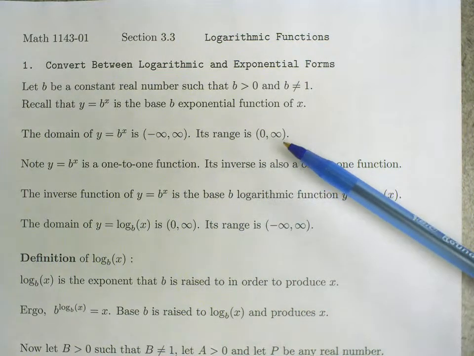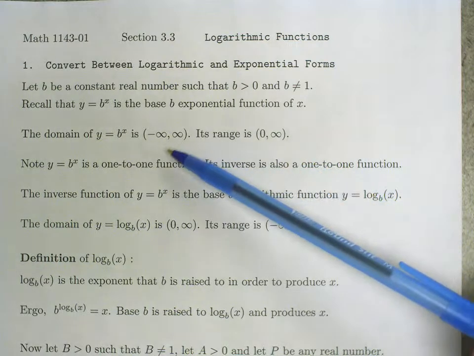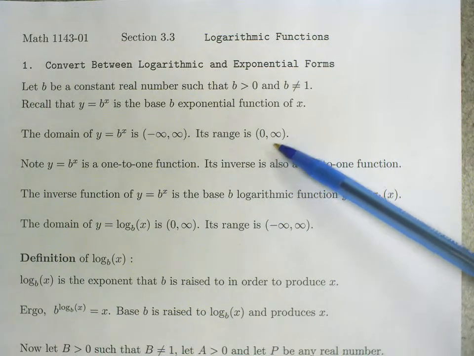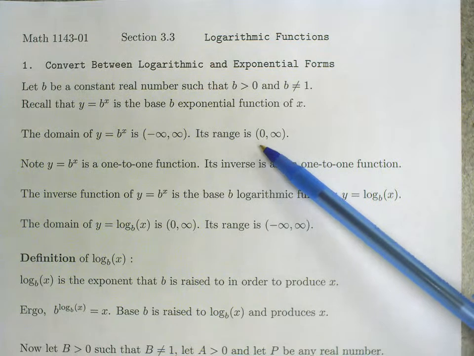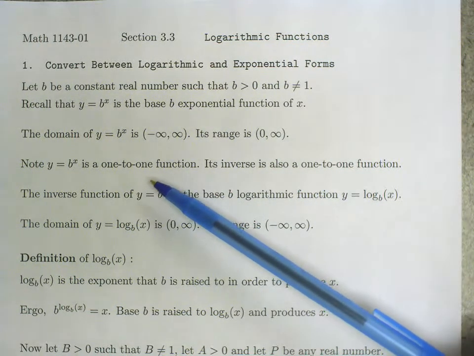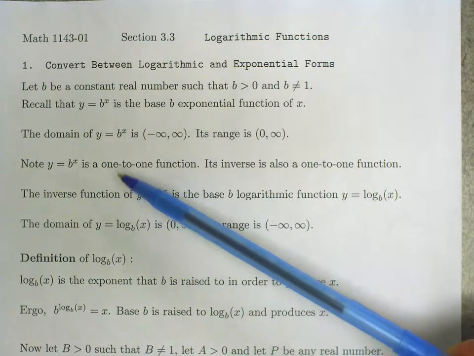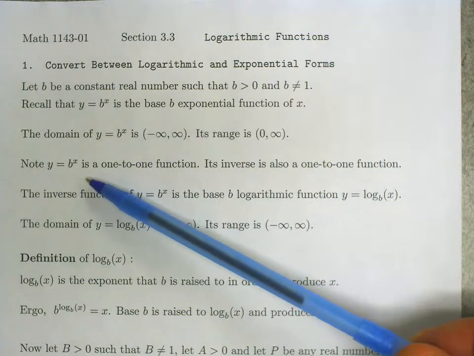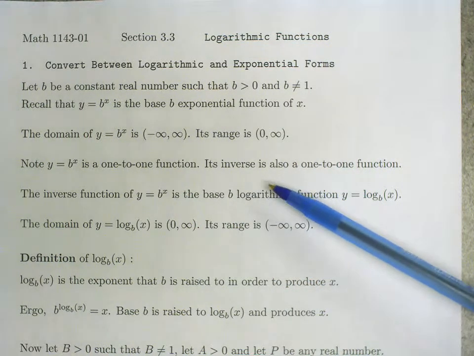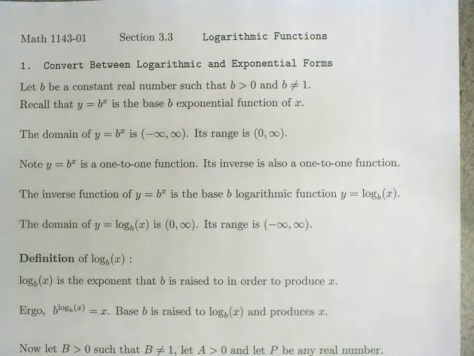The domain of y equals b to the x is all real numbers from negative infinity to positive infinity, and its range is from 0 to infinity, excluding 0. And we observed that the exponential function that has the form y equals b to the x is a one-to-one function. That means its inverse is also a one-to-one function.